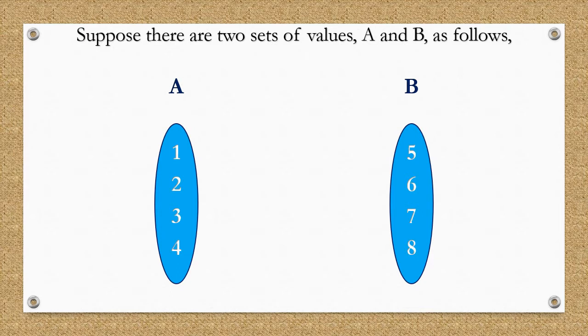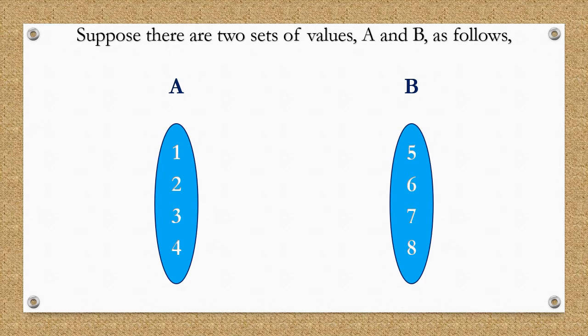Now what I want to do here is establish a certain relationship between set A and set B. That means I want to create a connection between them using any kind of function, relation, anything. And if I can do that, then I can say that set A and set B are related.